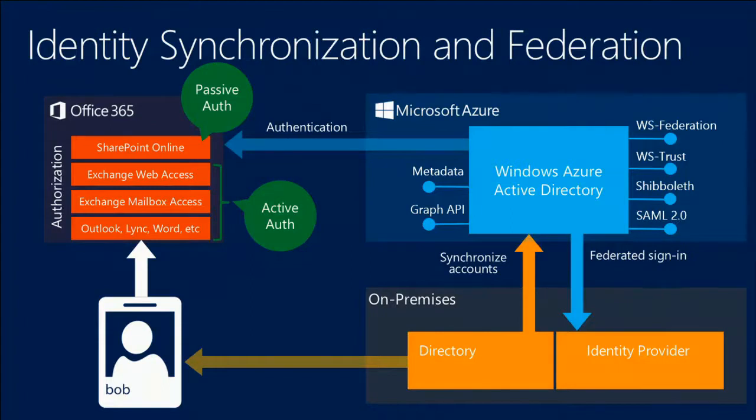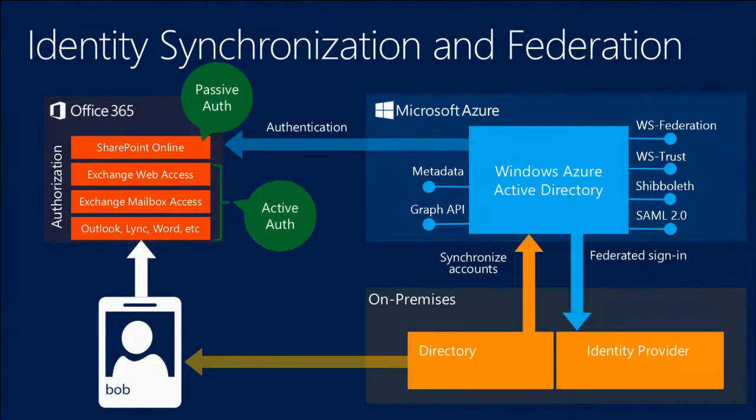Now, the sign-in on these different services is currently done in a couple of different ways, and we have a mechanism for authentication, or testing a user's password, called passive auth. And we say it's passive auth because the application, Outlook Web Access is a good example, doesn't have to do very much.